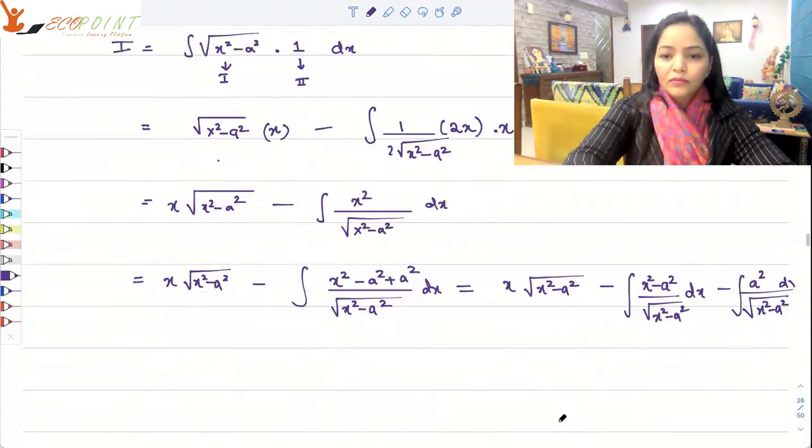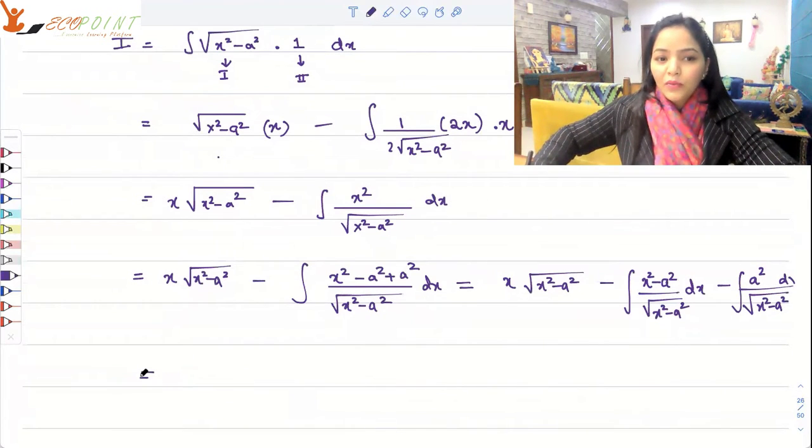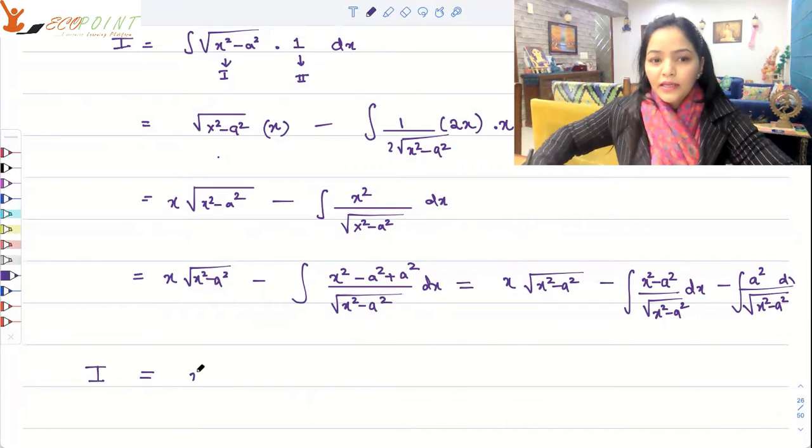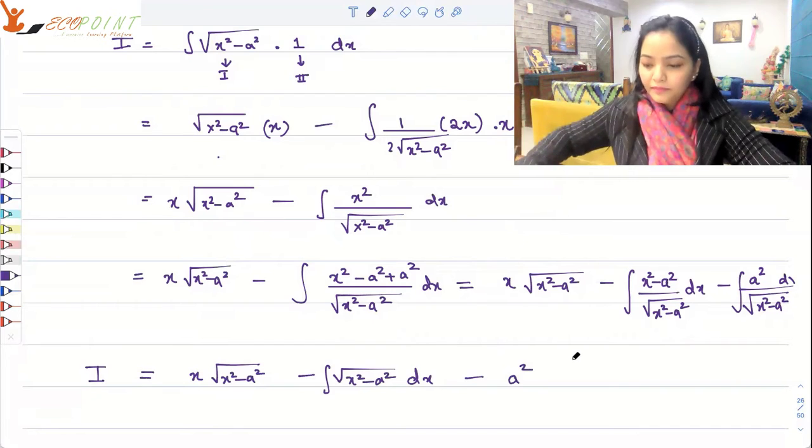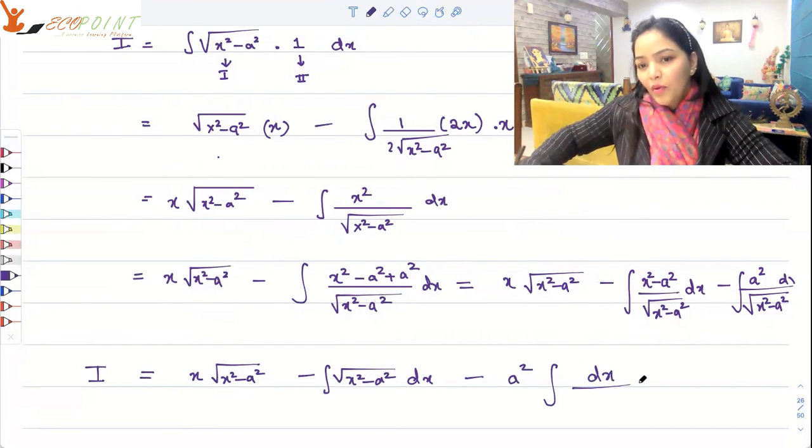So which means that what I'm left with, this is I, is equal to x into square root of x square minus a square minus integral of square root of x square minus a square dx minus a square integral dx upon square root of x square minus a square.